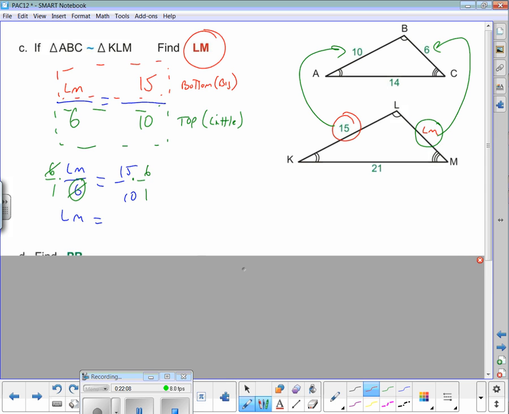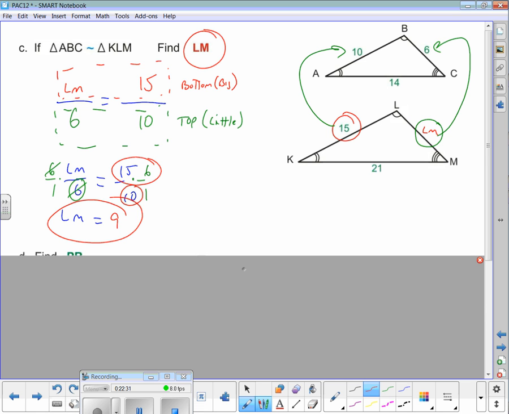And hey, class, be careful. You've got some reducing here, although this one kind of works out nicely because 6 times 15 is 90. And what's 90 divided by 10? It is 9. And the length of our side LM is a 9. All right, that's how those go.